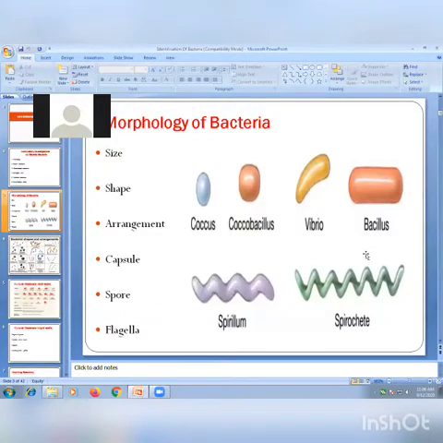A group of 8 cocci is known as sarcina. And if the cocci are arranged like a bunch of grapes, that is called a cluster type of arrangement. In case of staphylococci, cluster type of arrangement always occurs, like a bunch of grapes.